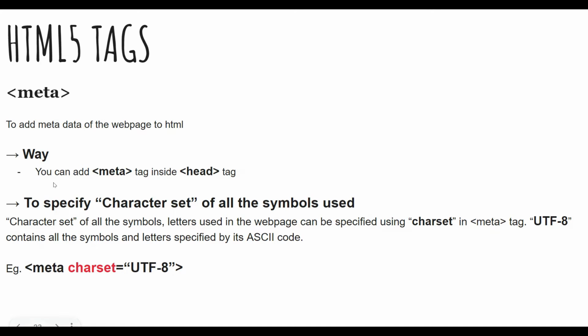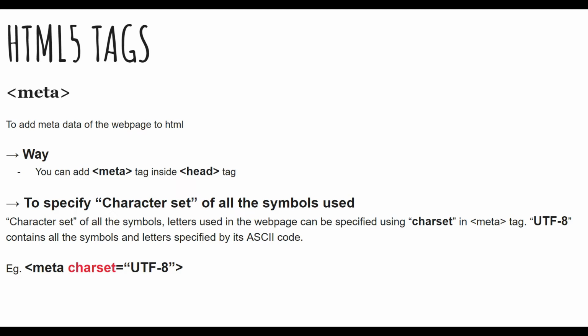So we can see that there is something called charset. What is charset? It is used to specify the character set. The character set of all symbols and letters used in the web page is specified using charset. There are many types of charset, and specifically we are using UTF-8. It's a binary code where you can combine bits to form any symbol or letter. It is specified by the ASCII code.